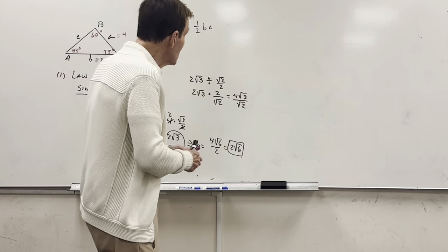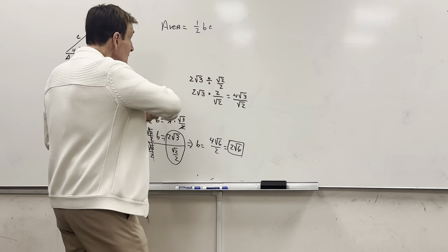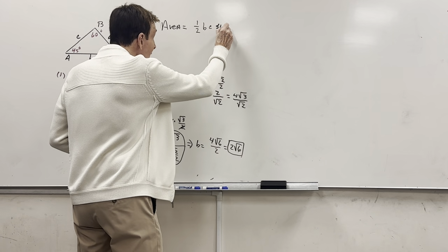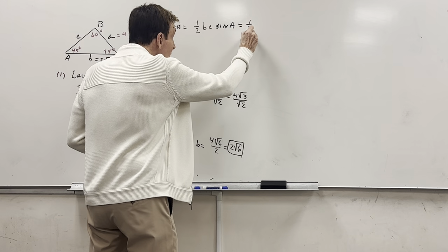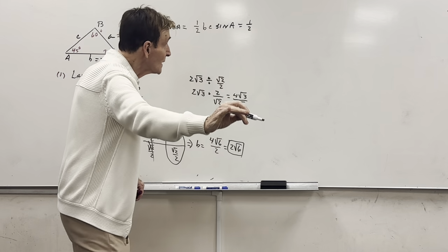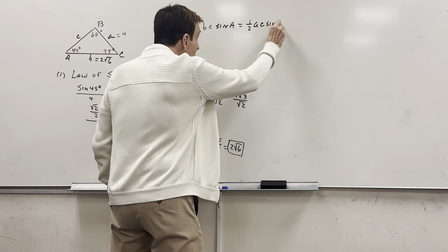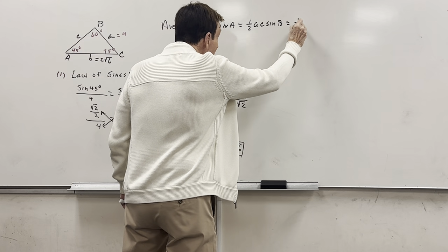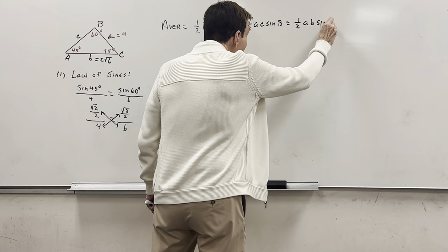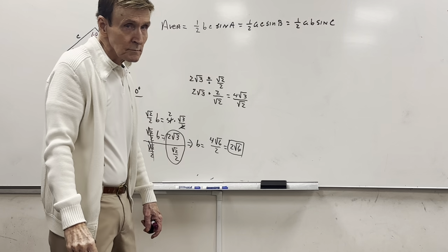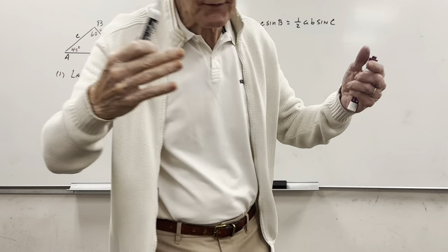Area equals 1/2 BC sine A, equals 1/2 AC sine B, or 1/2 AB sine C. Thank you. Any of those would work. And then I used that and cleaned up to derive the law of sines.